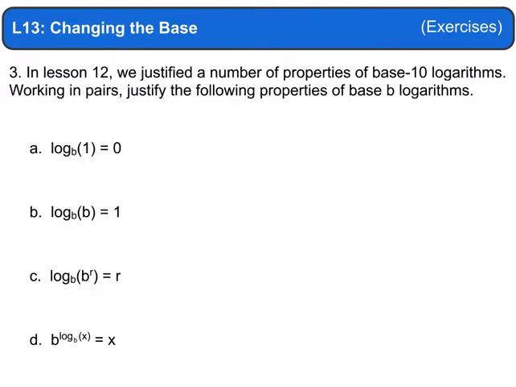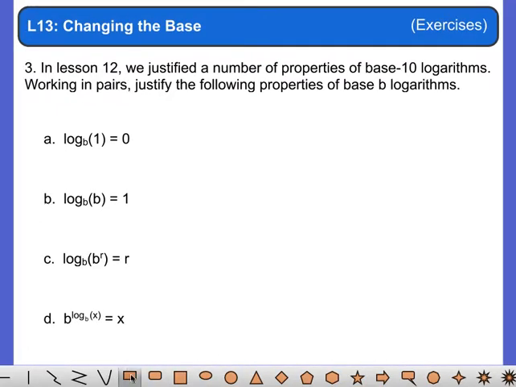So number 3 is not something that we're going to solve. These are properties. They say you can explain things about these, but what I want you to note is just what the properties are. So we'll review them. These are the same properties we talked about in lesson 12. They just took the 10 off. And so in this one, now they're saying log base b of 1 is always equal to 0.